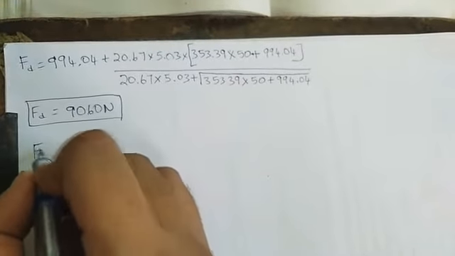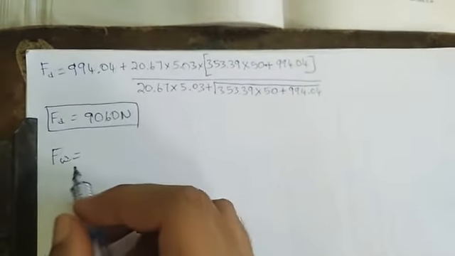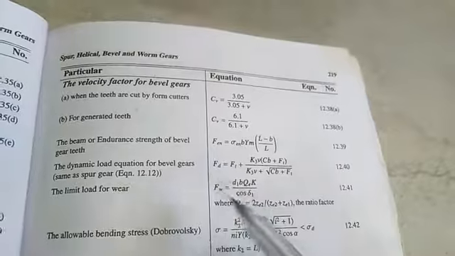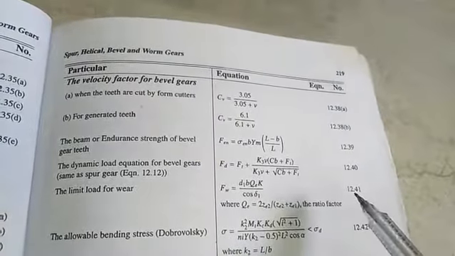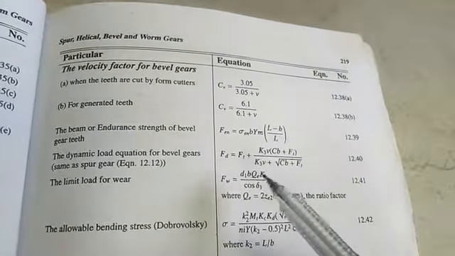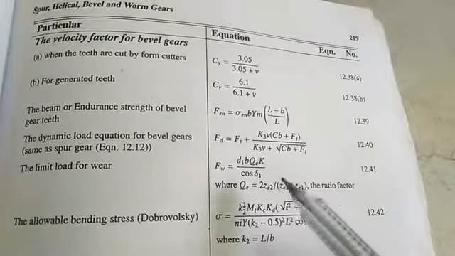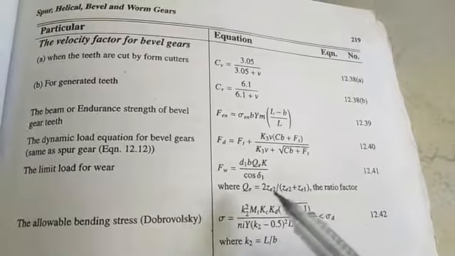Next we'll find the value of wear load FW. The equation is obtained from the data handbook: wear load, page number 219, equation 12.41. For Qe we have to take 2 Ze2 by Ze2 plus Ze1. This is the virtual number of teeth we have to consider.